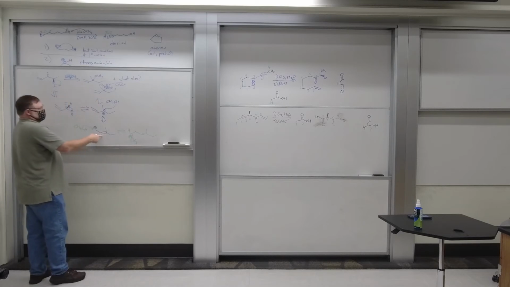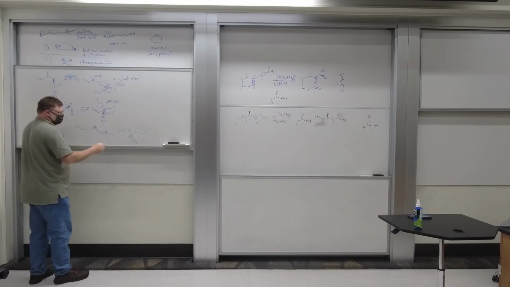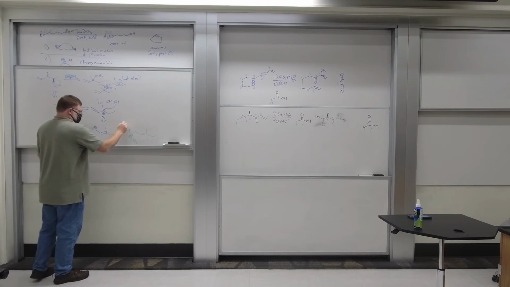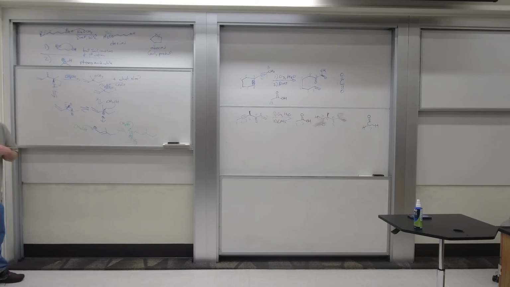And honestly, this double bond could be cis or trans. And then methanol would take this last proton. So you'd get the methyl ether down on the left as well.